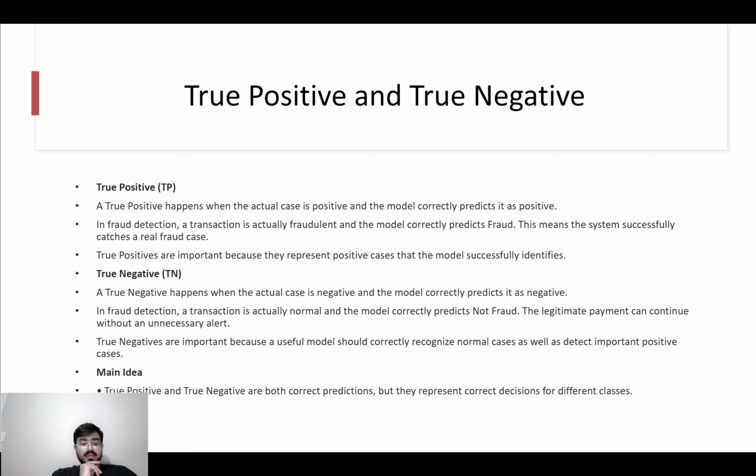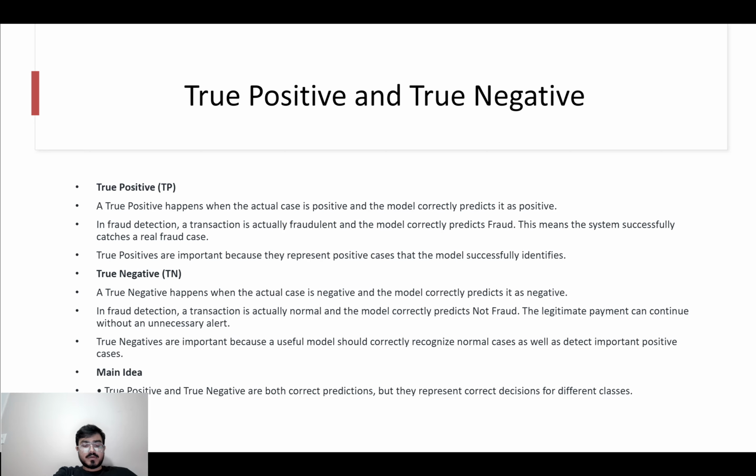Now let's look at true negative, or TN. A true negative happens when the actual result is negative and the model correctly predicts it as negative. Using the same example, suppose the transaction is actually normal. If the model predicts not fraud, then it has correctly recognized a legitimate transaction. This is called a true negative.